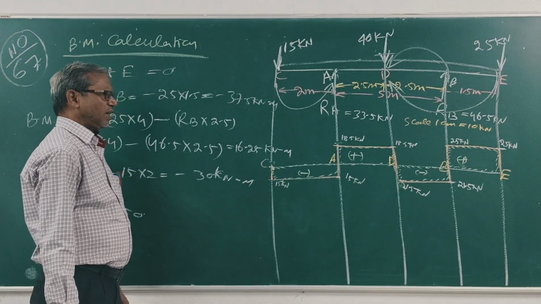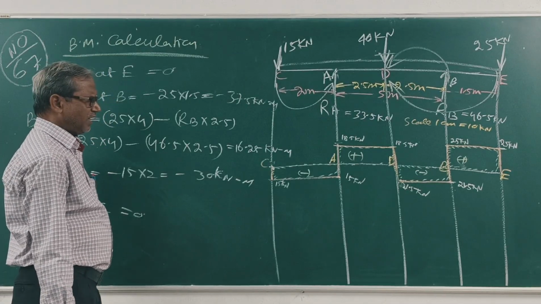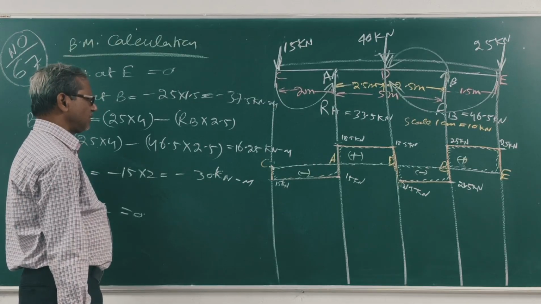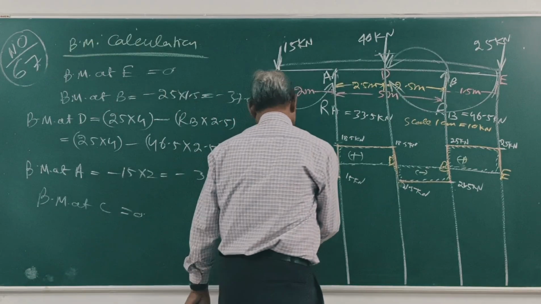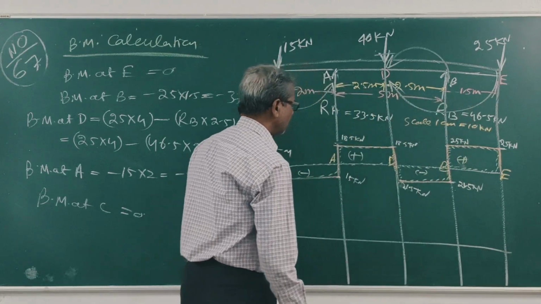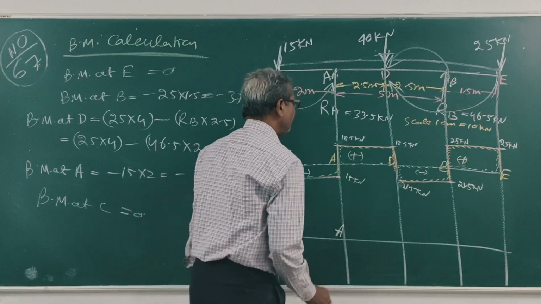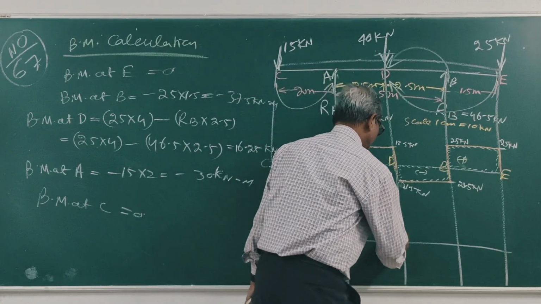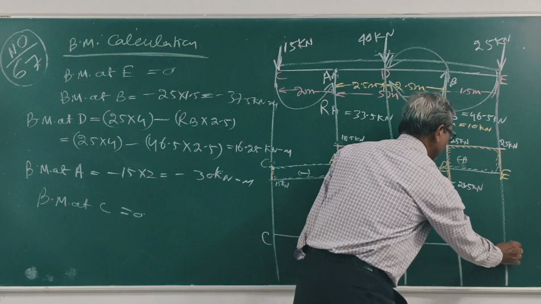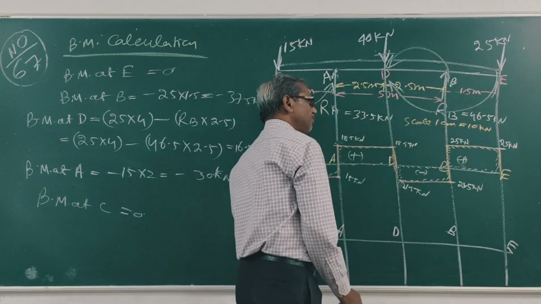Now draw the diagram. All point loads, just inclined straight lines maybe. First I give the points: C, A, D, B, E. Clear?